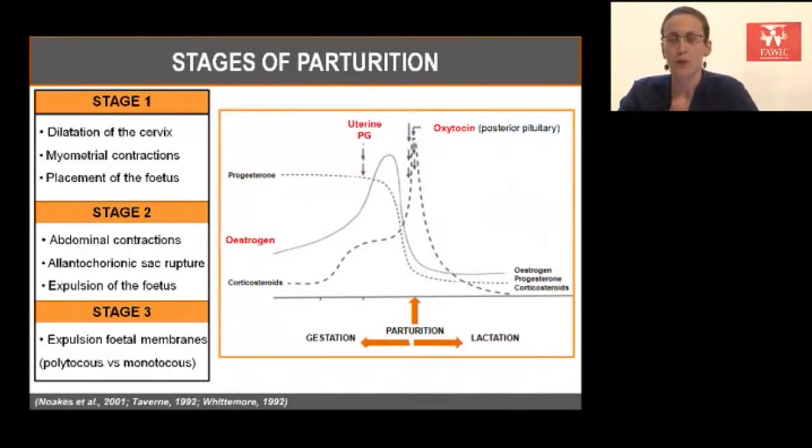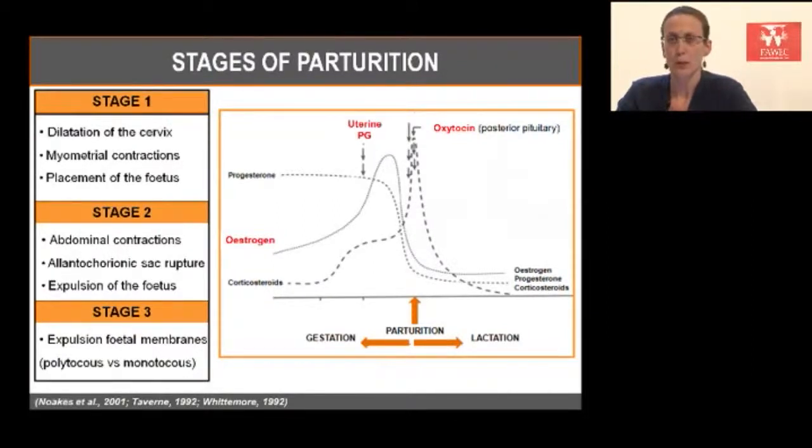Myometrial contractions vary from species to species and also from individual to individual, but in general become more regular 12 hours before the second stage. Also, in this first stage, it's important to know the physiological changes. In this first stage, there is an increase in estrogens and a decrease in prostaglandins.